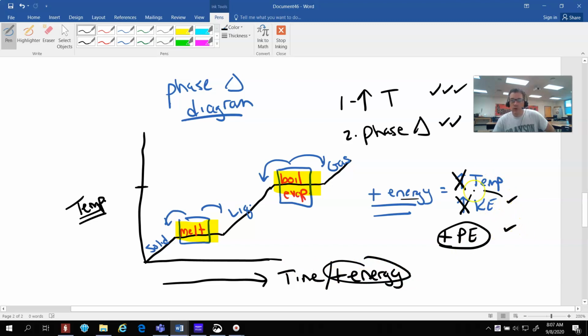But again, if we're adding kinetic energy, then we're going to expect a temperature change to go along with that. And so what's happening is that these molecules are just having a little bit more energy stored up into them. And then once everything turns into the liquid state, then the addition of energy will resume adding kinetic energy to it.